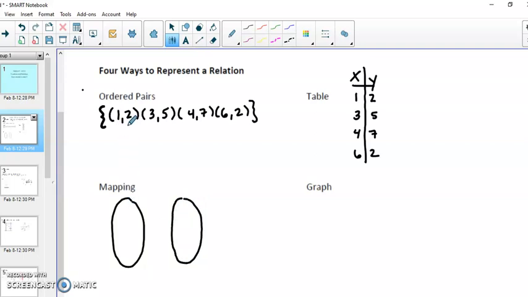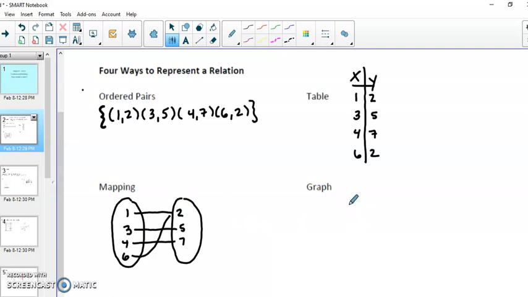We take the first set, which is 1, 2, and we draw an arrow in between, or just a line. 1 gets matched to 2. 3 gets matched to 5. 4 gets matched to 7. And 6, well look, that also gets matched to 2. And that's a mapping.